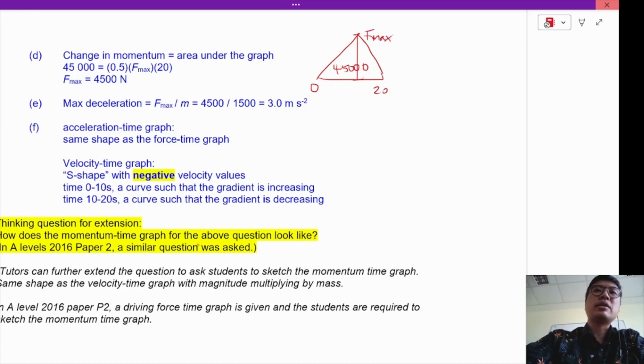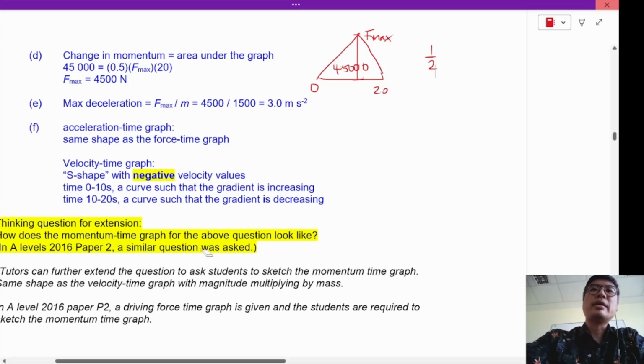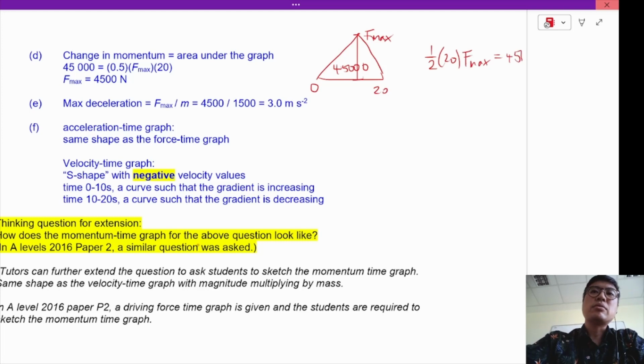So very clearly the area under the graph is half base times height, and that is equal to 45,000. And so it's not difficult to determine that F max is equal to 4,500 newtons.